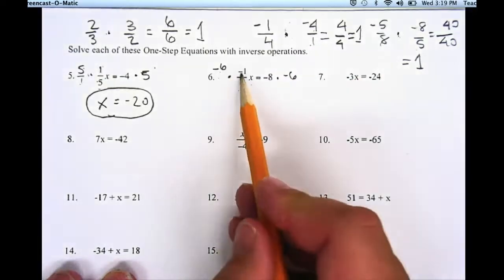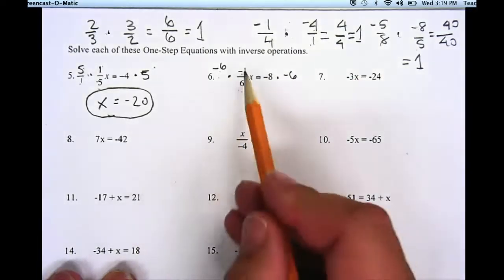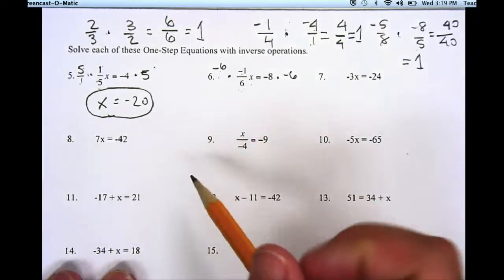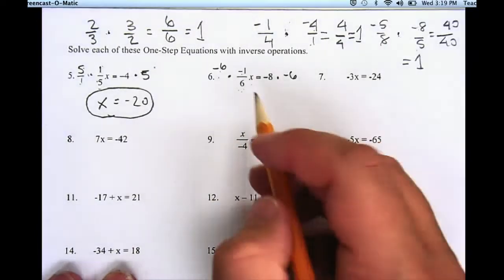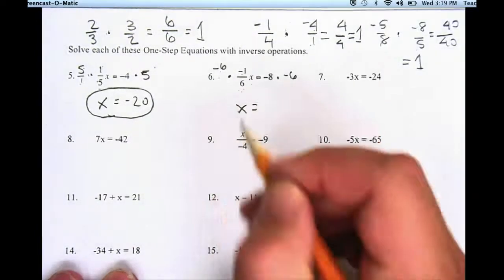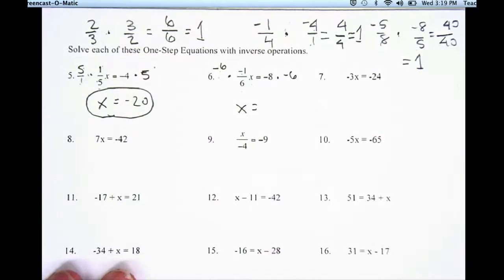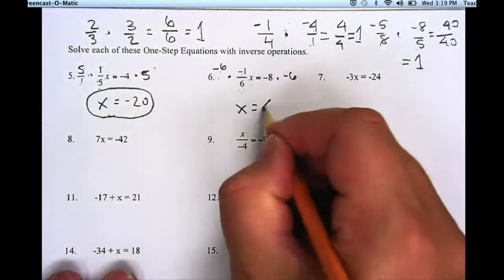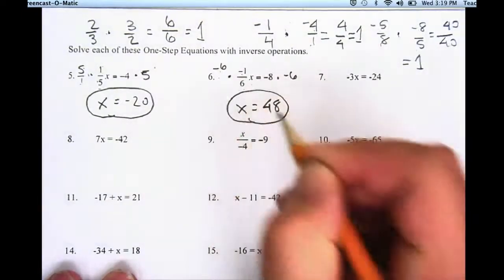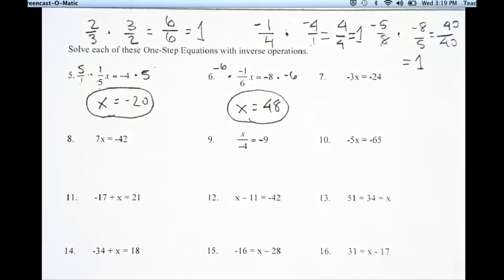Negative 6 times negative 1 is positive 6. Positive 6 divided by positive 6 is positive 1. So I have positive 1x, which I write down just as x, and negative 8 times negative 6, which is positive 48. And that's how I do the reciprocal problems, or the problems where I multiply a fraction by the variable.